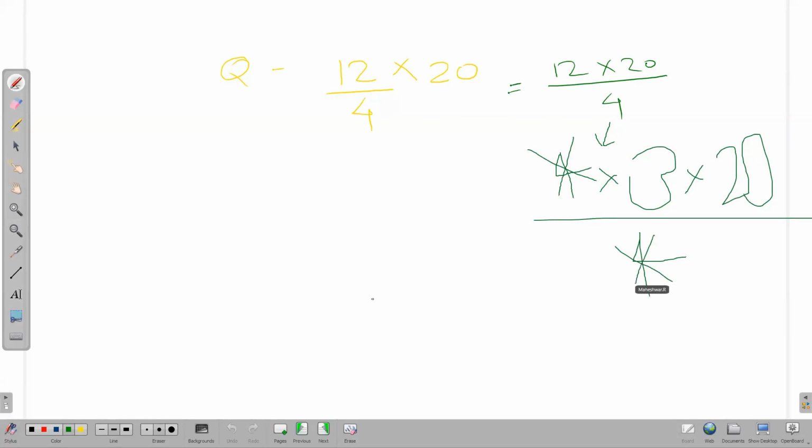And you will get an answer like, put only one cut. Don't put so much cut, cut, cut. Now that makes it dirty. 3 times 20. 3 times 20. 60.